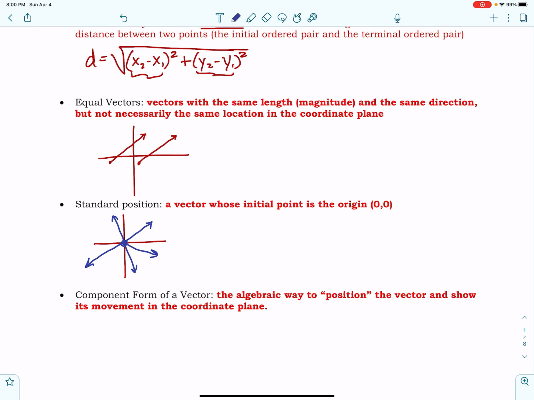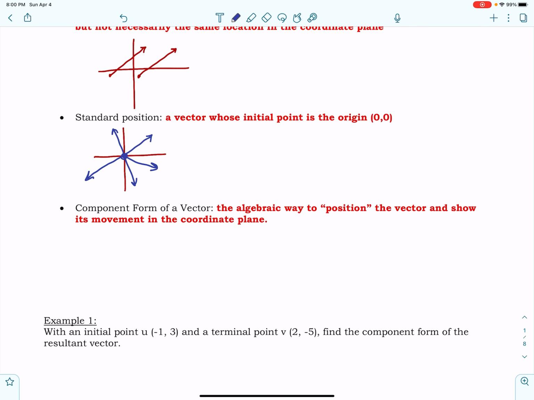Okay, so the next thing we're going to talk about is the component form of a vector. So as this states, this is just an algebraic way to position our vector, and it will show its movement in the coordinate plane. So there's a particular way that we have to write component form. Component form of the vector is going to look like an ordered pair, but rather than parentheses, it's going to have these little pointy things here. They've got a name, but I can't remember what it is.